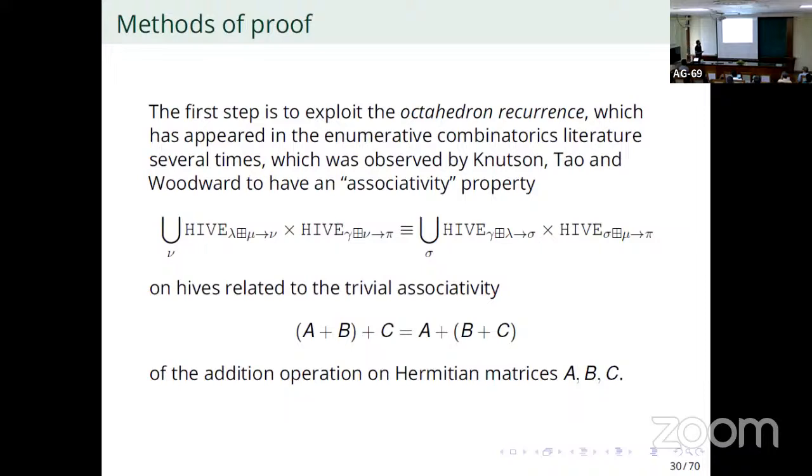What is the method of the proof? Basically, the idea is if you want to prove that a certain random variable concentrates, one way of doing this is to view this random variable as a Lipschitz function of a log concave density. Because log concave densities have nice concentration properties, and Lipschitz functions of these log concave densities exhibit concentration.